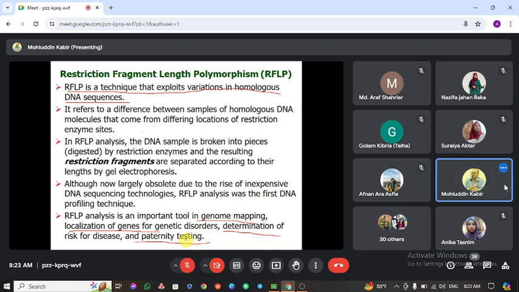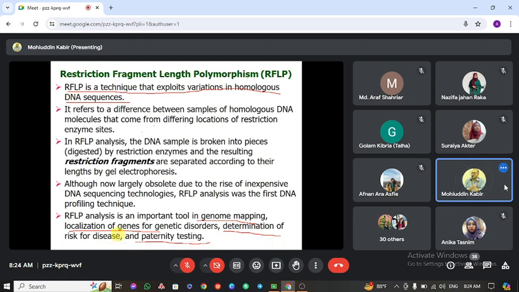Even if we do not have any information about that genome, we can easily map the genome.